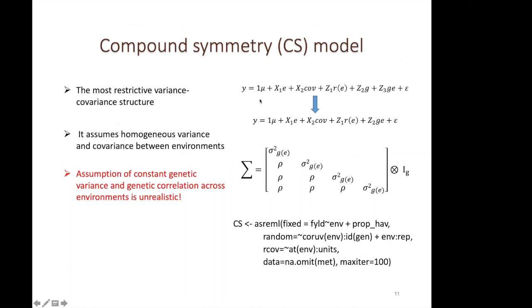This kind of model assumes that the genetic variance within the environment is uniform, and the covariance or correlation between any pair of environments is also uniform. This model may not be realistic, going by what we saw in the previous slide, that the error variance is heterogeneous, and the genetic variance within the environment is heterogeneous as well.